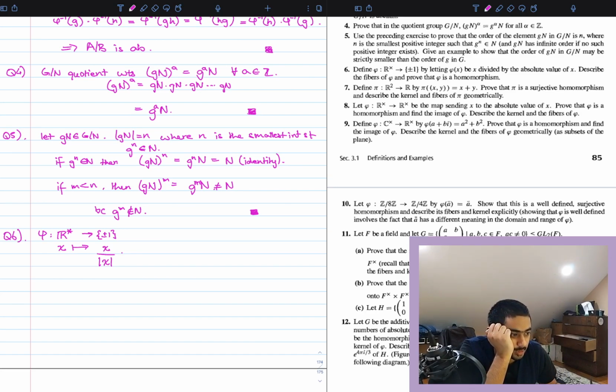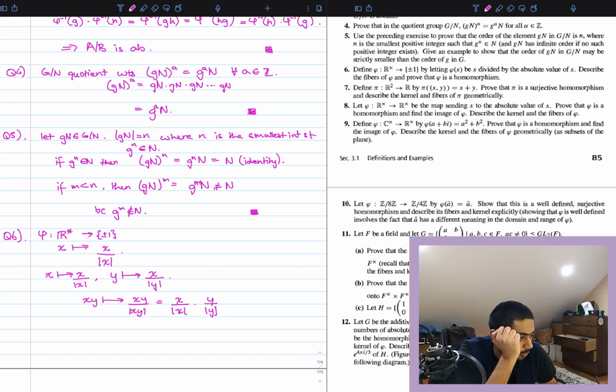Why is this a homomorphism? Let's say we have x, which goes to x over its absolute value, and y goes to y over its absolute value. Then look, xy gets sent to xy over the absolute value of xy, which is the same thing as x over the absolute value of x multiplied by y over the absolute value of y.